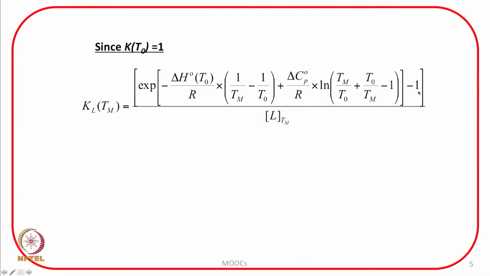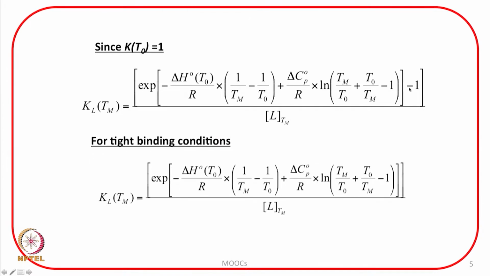So, 1 can be easily ignored because the exponential of this factor is going to be much higher than -1. Therefore, if you ignore -1 for tight binding conditions, we end up with this relation. KLTM is equal to all these factors.